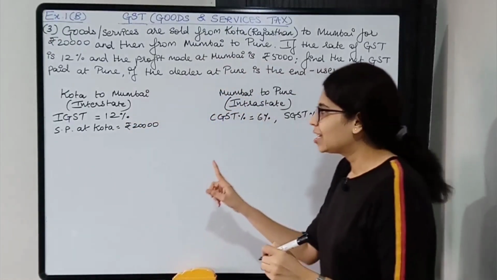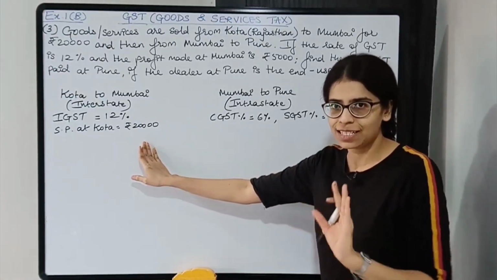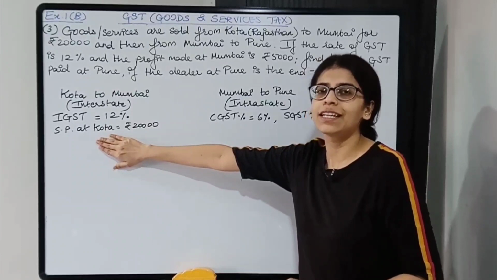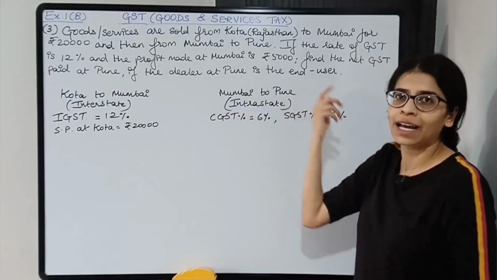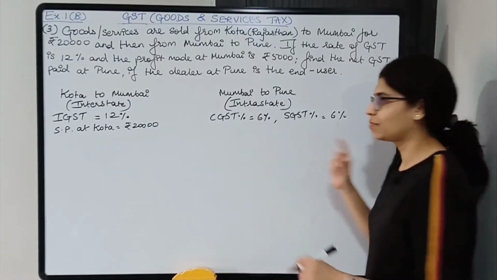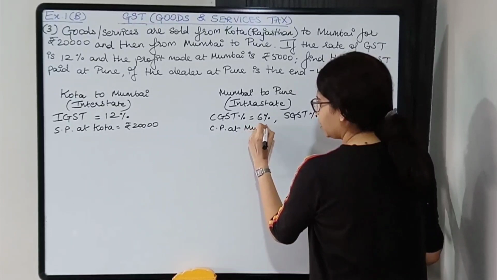So I can say that Mumbai is buying for 20,000, GST extra. So cost price at Mumbai is 20,000, right?